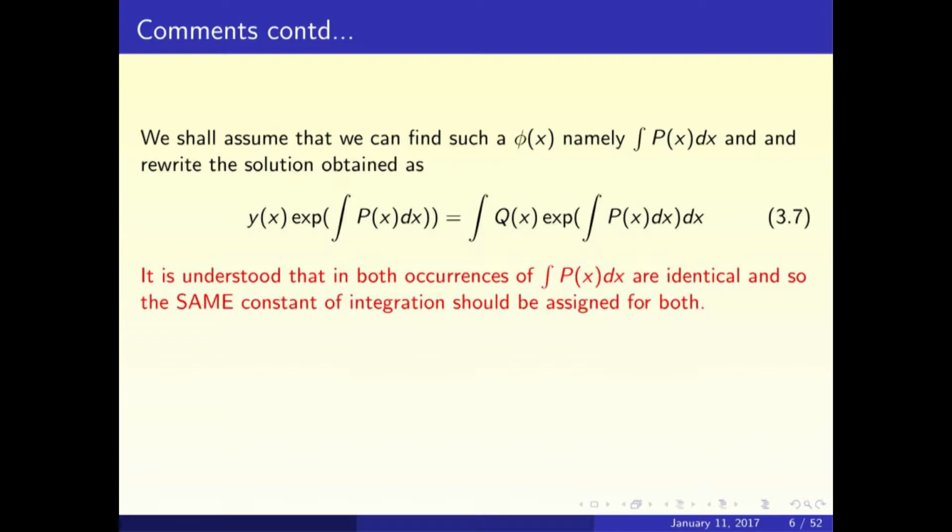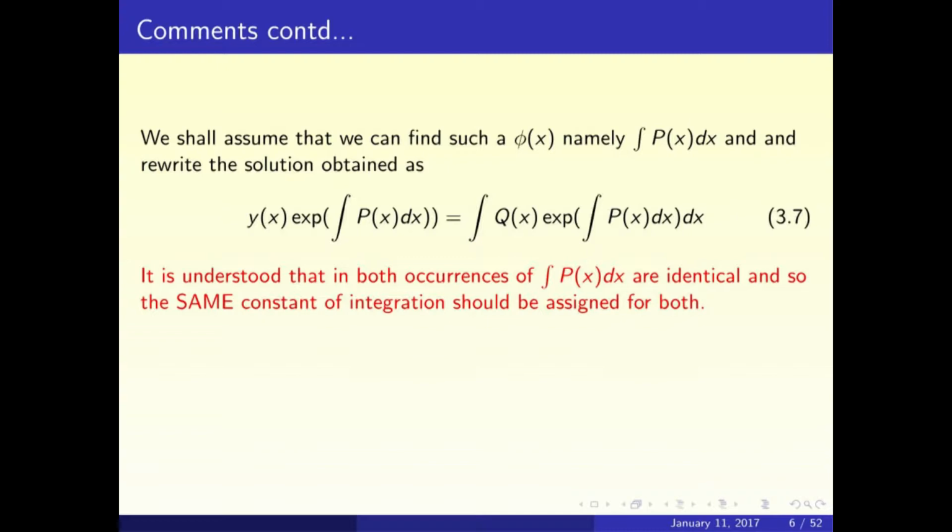Now there is one important thing that you need to keep in mind, namely you have 3 integration signs appearing in 3.7. Now you have been putting a constant of integration whenever you see an indefinite integral. So you might say that you will put a constant of integration c1 for the integral appearing on the left hand side, and for the 2 integrals appearing on the right hand side, you will put constants of integration c2 and c3.